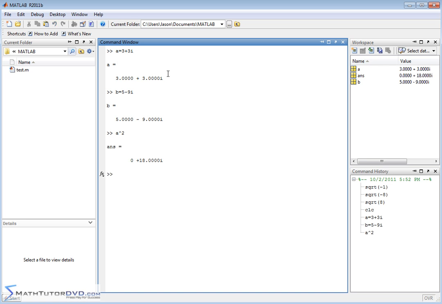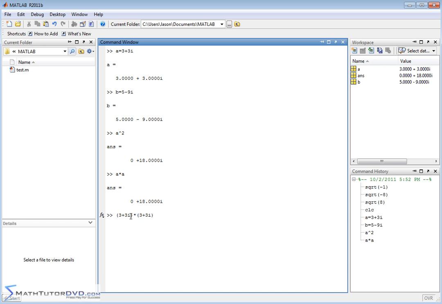In fact, we'll do a squared and we'll get the answer 18i, and I'll go ahead and compute manually a times a. Whenever we do this, that's the same thing as saying 3 plus 3i times 3 plus 3i.